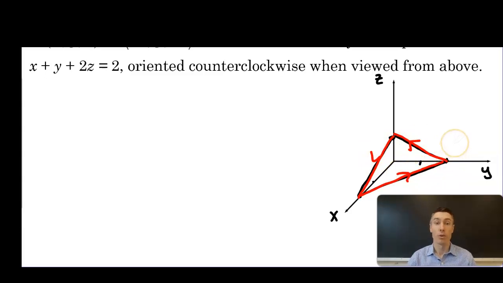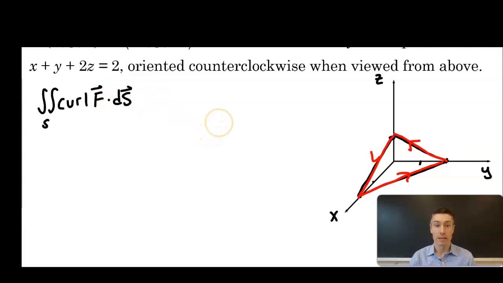So if we wanted to do a line integral here, we'd have to do 3 of them along each edge. So that's where a surface integral might be simpler because we only have to do 1 of them. There's only 1 surface bound by these 3 curves. Okay, so we really are focused on then the surface integral of the curl vector field.